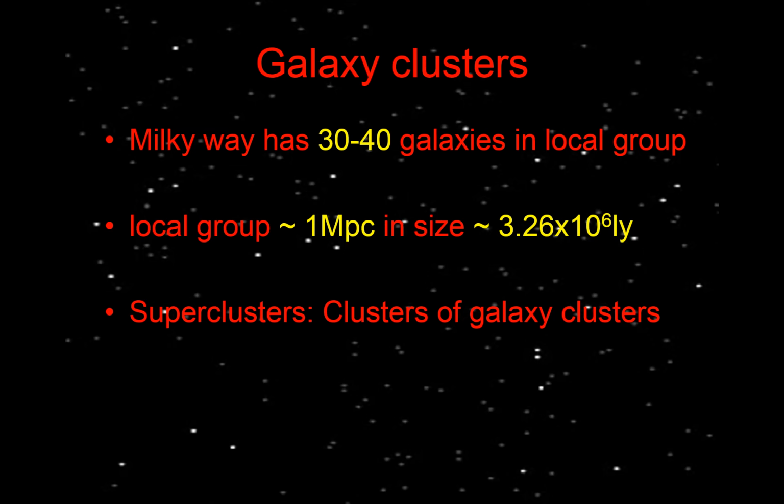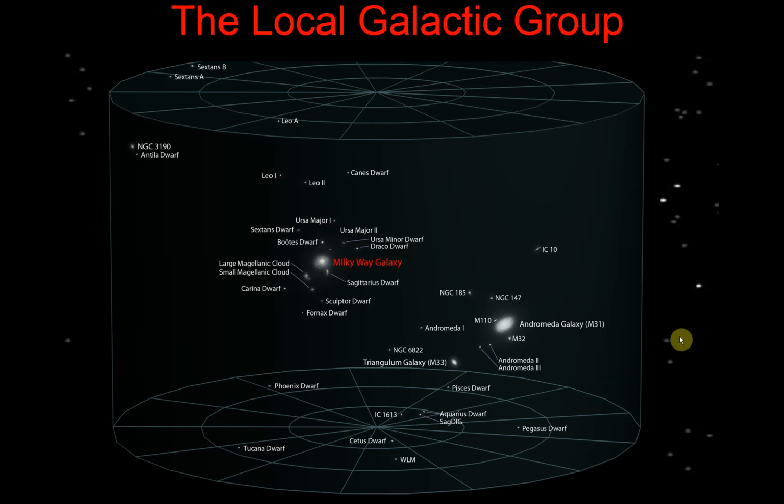On top of this, you can have groups of galaxies, which are referred to as superclusters. So this is a cluster of galaxy clusters. So first of all, let's define that local group. Here's our Milky Way galaxy right here, with the Sagittarius dwarf galaxy nearby, and various other galaxies.